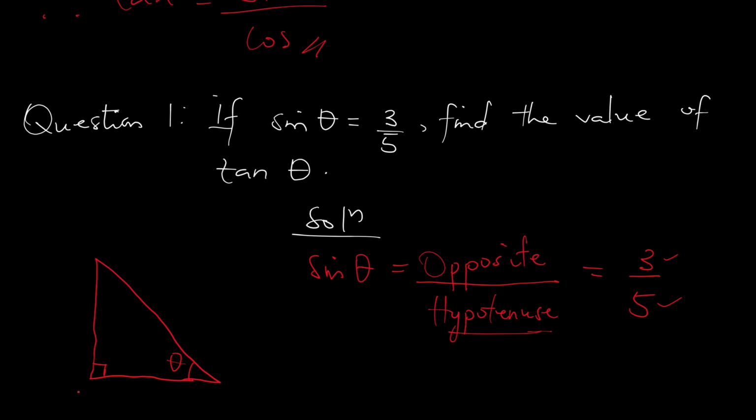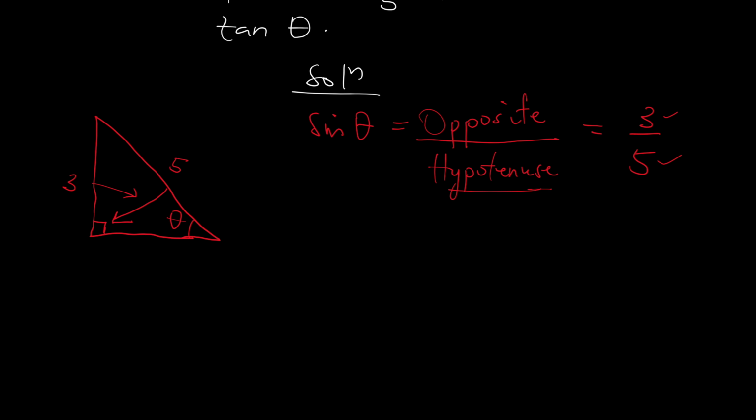So our opposite is the line that faces theta, and this line faces theta. So this side will be our opposite, and that will be 3. Our hypotenuse is the line that faces the 90 degree, and this line faces the 90 degree. So this line is our hypotenuse, and that will be 5. So first we need to find tan theta.